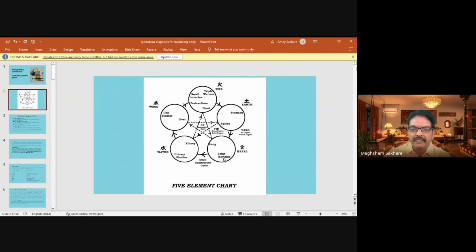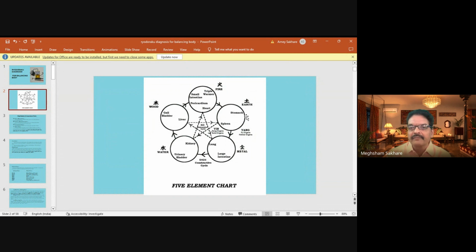This is the generative cycle: wood, fire, earth, metal, and water. Then the destructive cycle: metal cuts wood, means metal excess, it cuts the wood. Then wood's roots dig the earth.